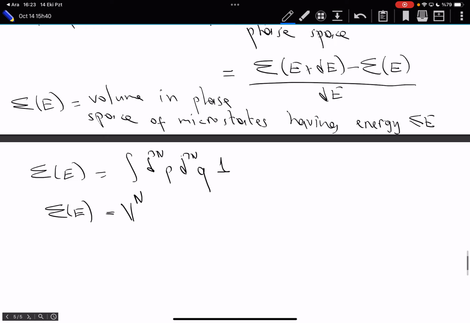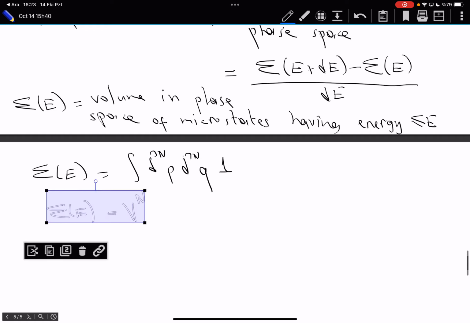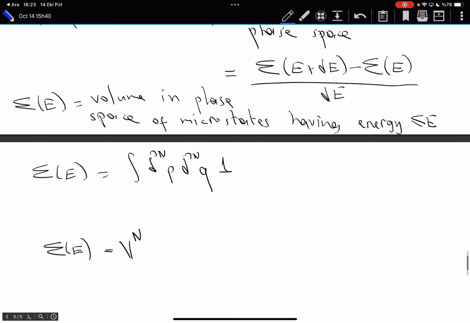So don't you need a density function inside the integral? Sorry? Don't you need some kind of a density function inside the integral? Well, that's what I have. It's just one. Yeah. Or if you like, I can write this as a step function with p, q being inside my volume in phase space.